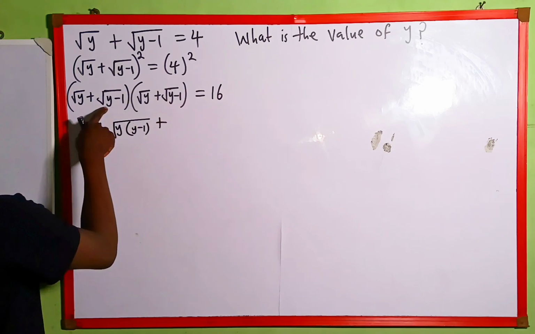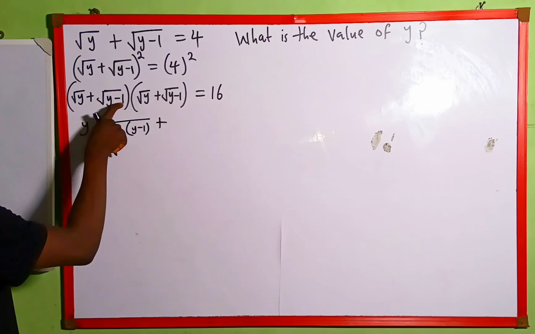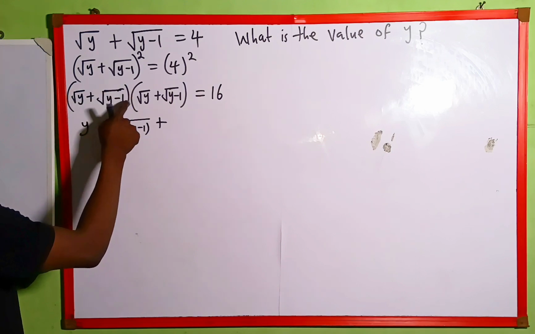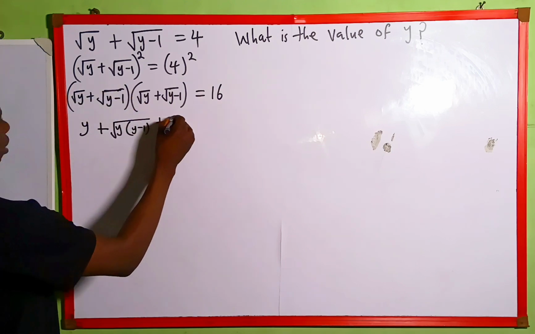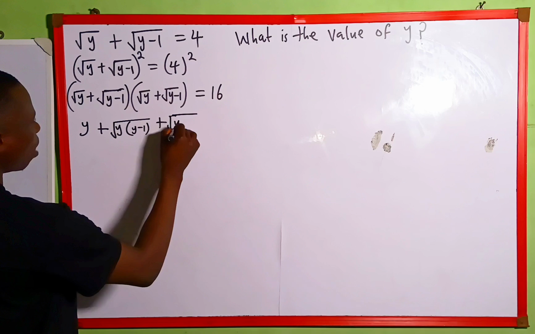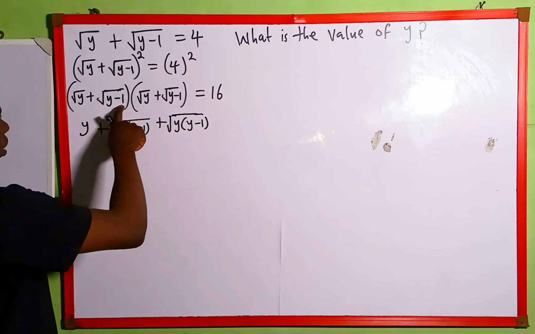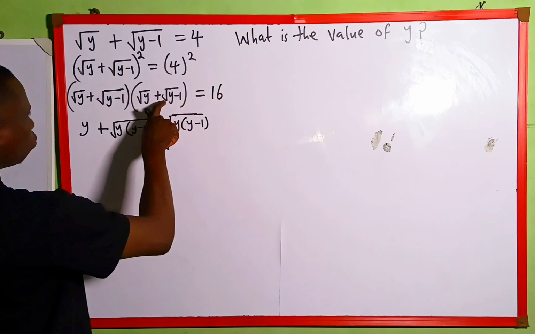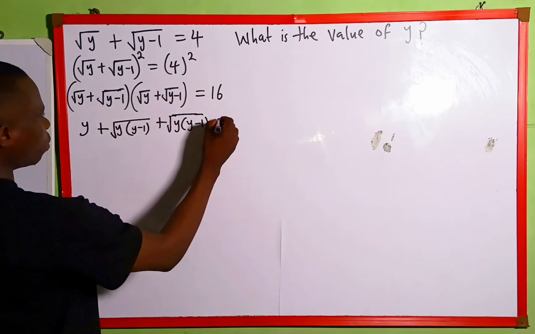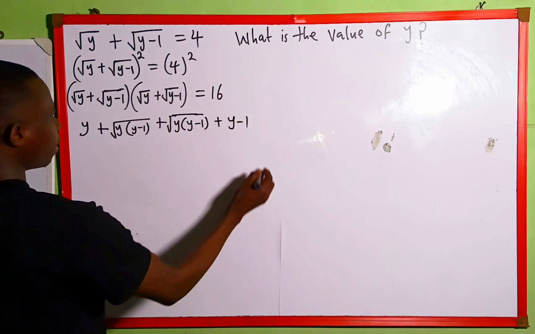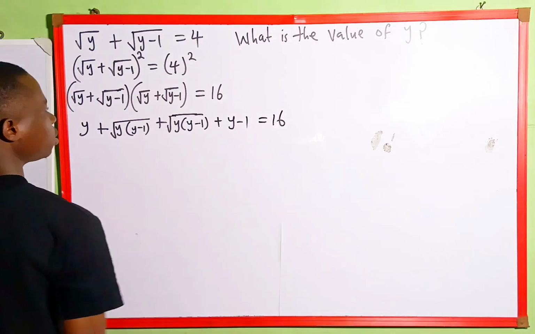Then plus square root of y minus 1 multiplied by square root of y is the same as square root of y into y minus 1. Then square root of y minus 1 multiplied by square root of y minus 1: the square root will cancel the square root, so we are left with just y minus 1, which is equal to 16.